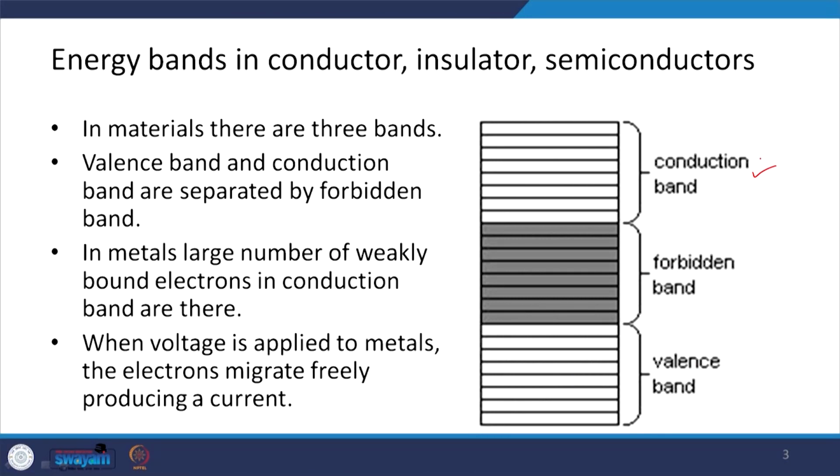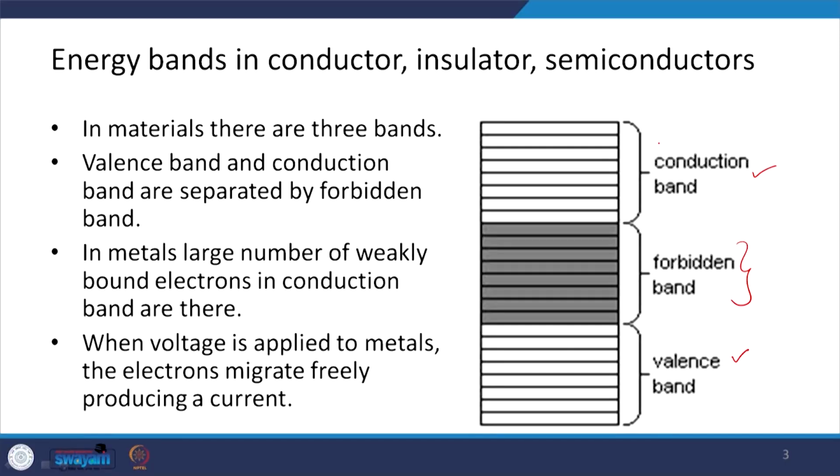We can see that in any material essentially there are three bands. One is the conduction band, and then we have the valence band, and these two bands are separated by the forbidden band. And it is the conduction band which is responsible for the conduction of current basically.